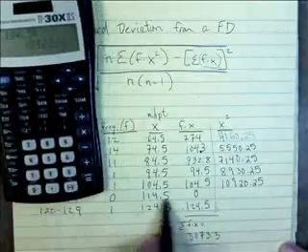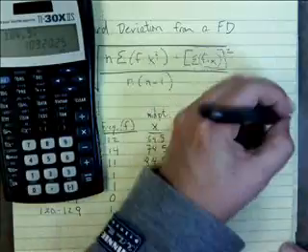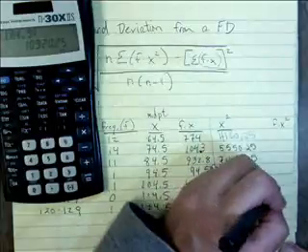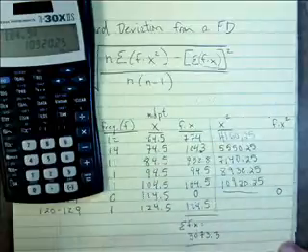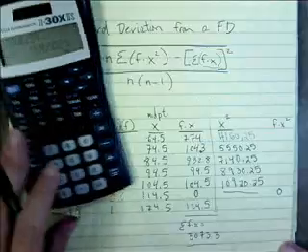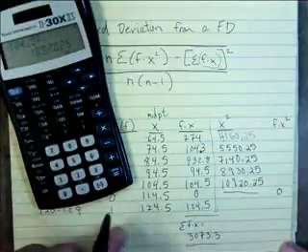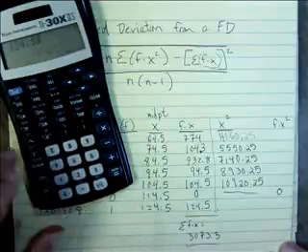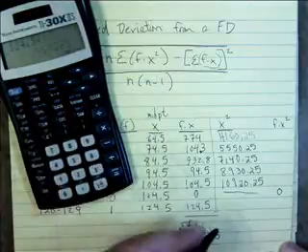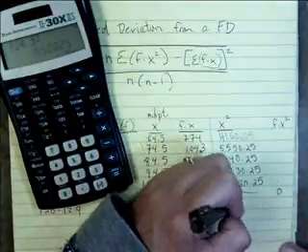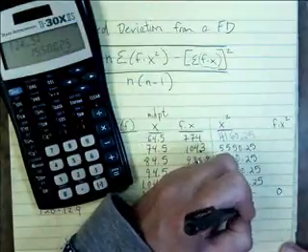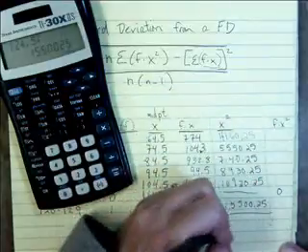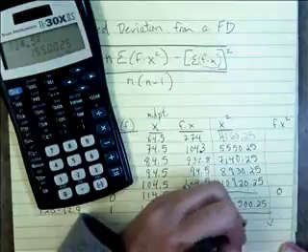This one I actually don't need to bother with, because when I multiply the f times x squared, the f is 0, and so that one will zero itself out just like it did here. And the last one is 124.5, square it, and I end up with 15500.25. And then once again I need to add that column, and that gives me the summation of f times x squared.